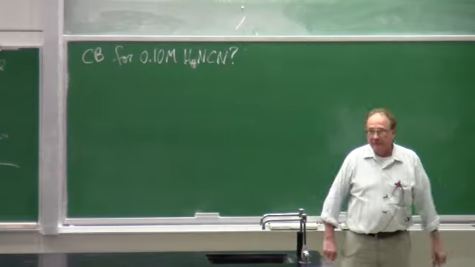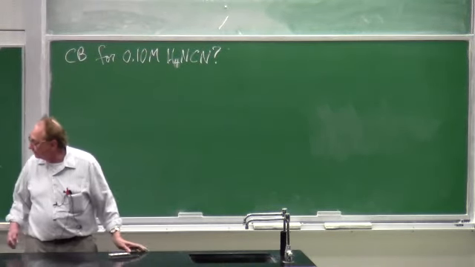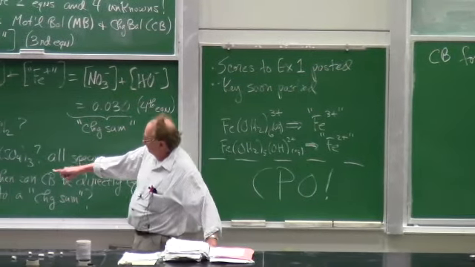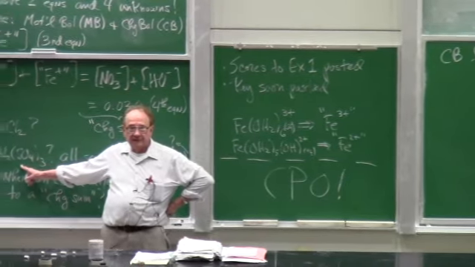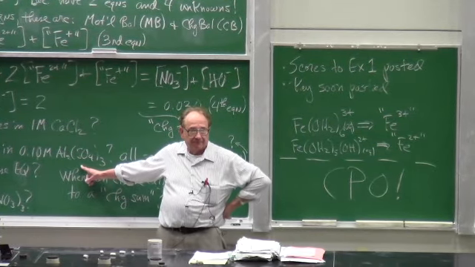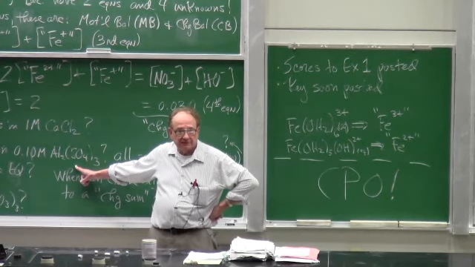Because, as with all endeavors, the only way to learn it is to do it. Principal species, this solution. And of course, charged species is what we're talking about. What is the principal positively charged species?